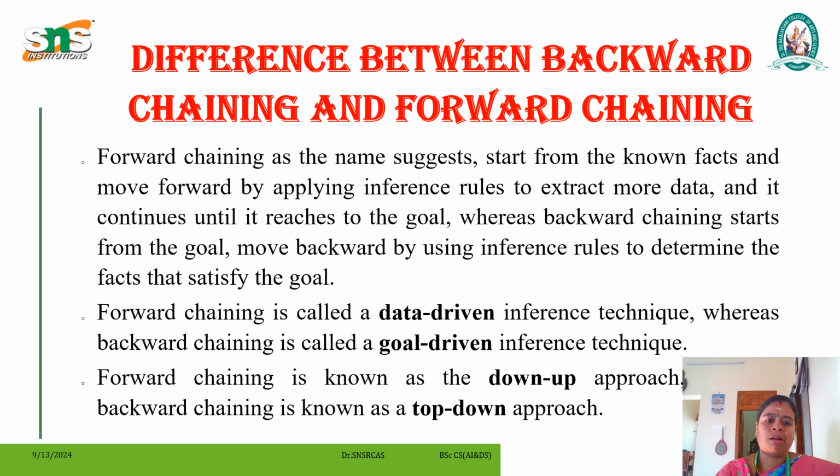Forward chaining is called a data-driven inference technique, whereas backward chaining is called a goal-driven inference technique. Forward chaining is known as a bottom-up approach, whereas backward chaining is known as a top-down approach.